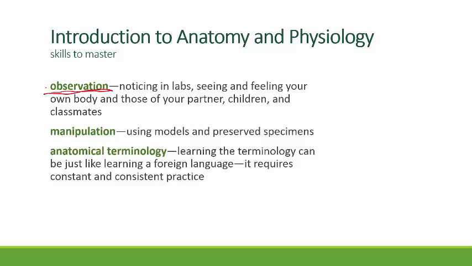That means that in your reading, as you look at diagrams or pictures, as you are working with a model or with structures from a formerly living organism, as you look at your own body or the body of your partner or your children or your classmates, you need to become good at observing and noticing these parts. You'll have the opportunity to use models and preserved specimens to see these anatomical parts from all angles.